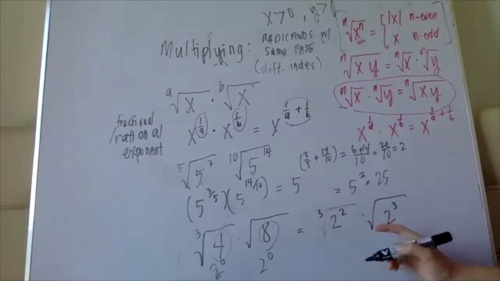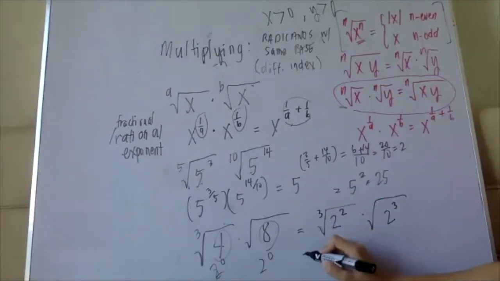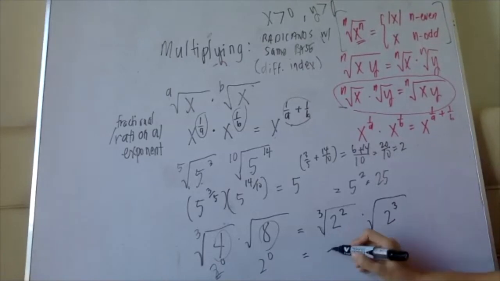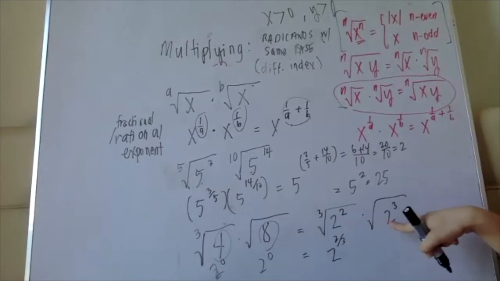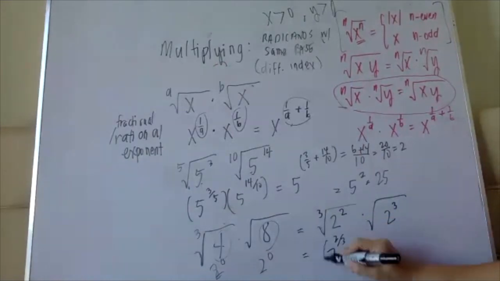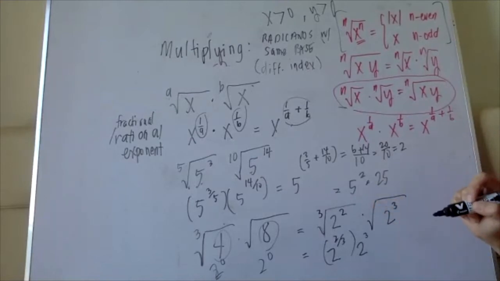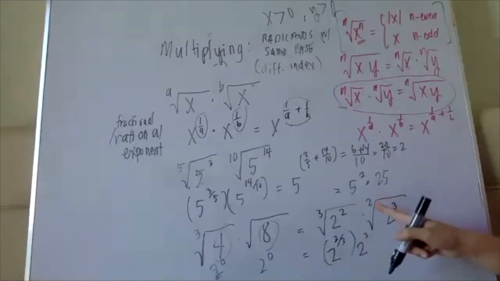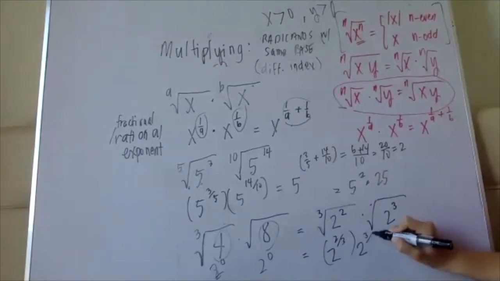Okay, nakuha. So again, ano ulit yung next? Gagawin siyang rational exponent. 2 raised to 2 over 3. How about this one? 2 raised to 3 over, ano yung imaginary exponent dito? 2. Okay, kapag walang nakasulat, hindi siya 1 ha, 2 siya pagdating sa radicals. Over 2.